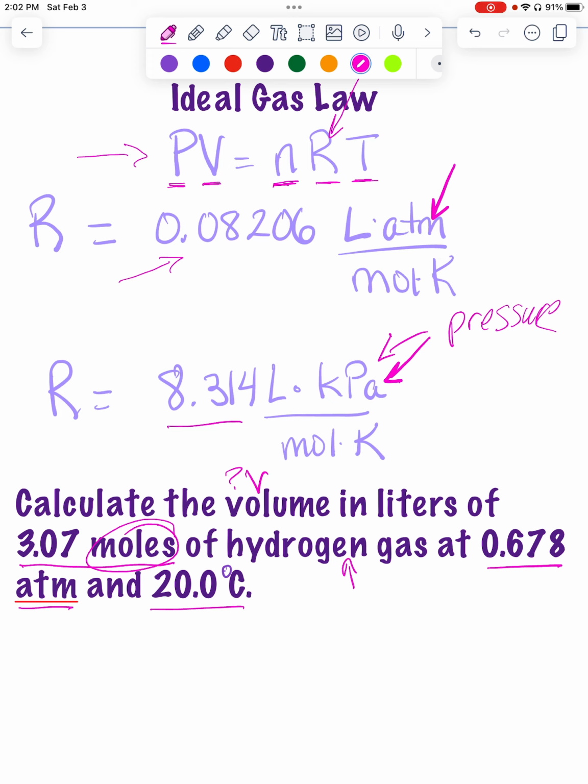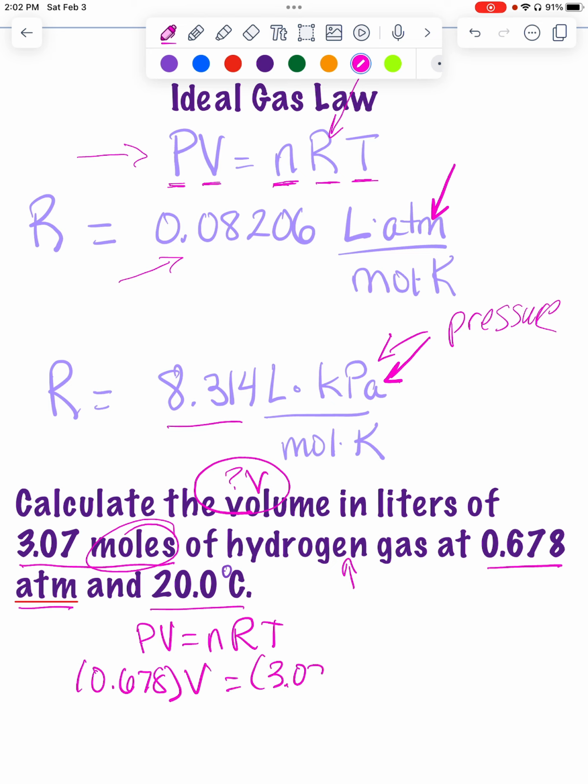So we have PV equals nRT. What do we know? We know the pressure is 0.678. Volume, we don't know. We have 3.07 moles. Now the R value: I have atmospheres, so I want to use 0.08206. What do I have to do to temperature? I add 273, and I get 293.